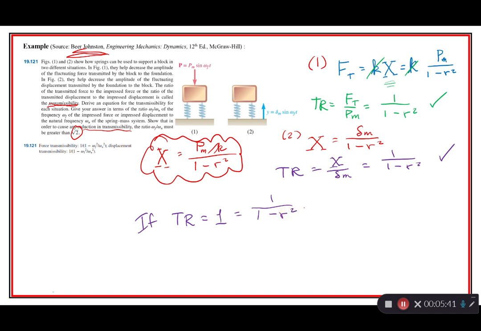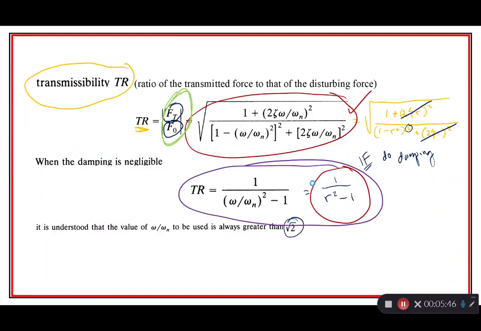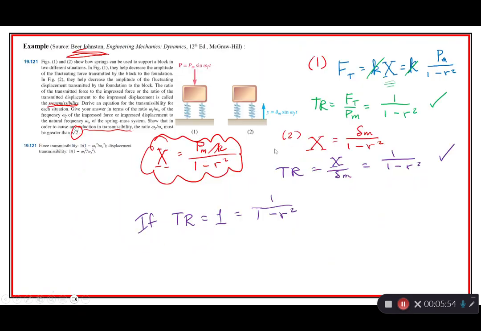This, of course, is different than this equation right here, because we reversed the order of stuff, but we haven't made that decision here. So if it's equal to 1, you end up having 1 minus r squared equal to 1. If you bring 1 over to the other side, it becomes 0. So r is equal to 0, which is a nothing burger.